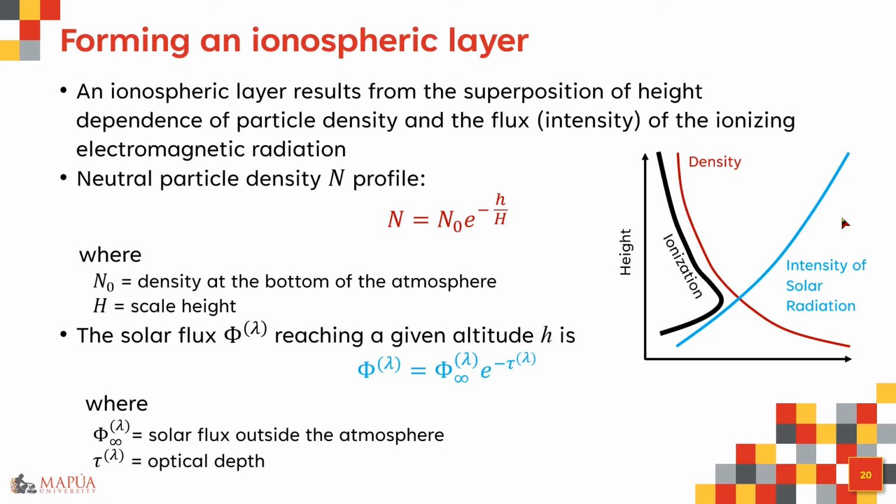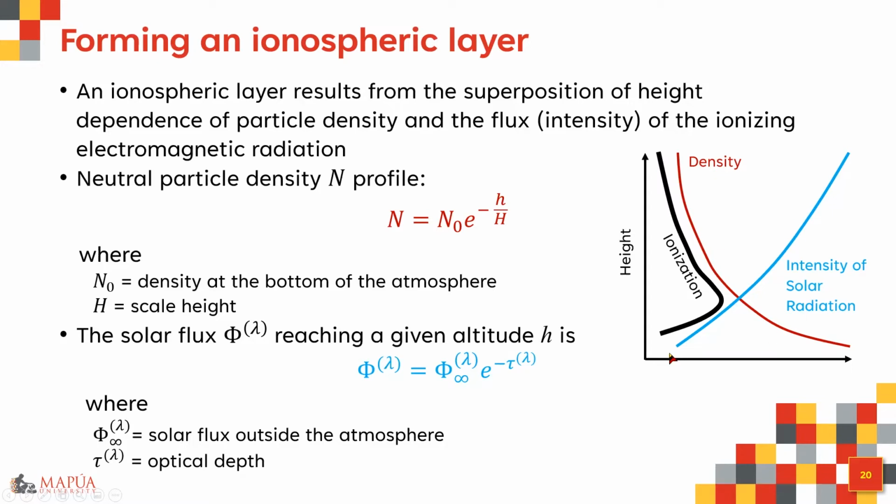So what does it mean? It means that while above you have more energy to ionize particles, you have fewer particles, or you have fewer constituents to ionize. So that's why the ionization at the upper atmosphere is low.